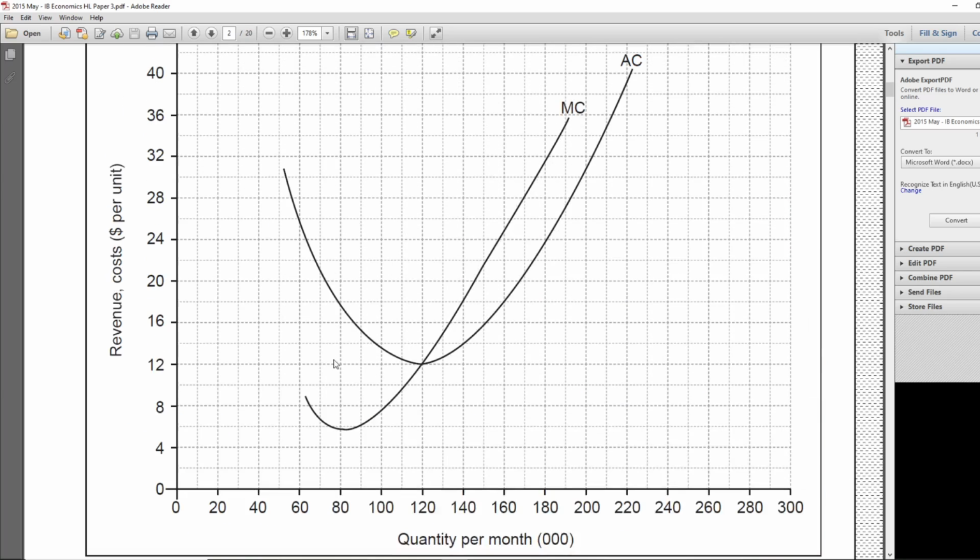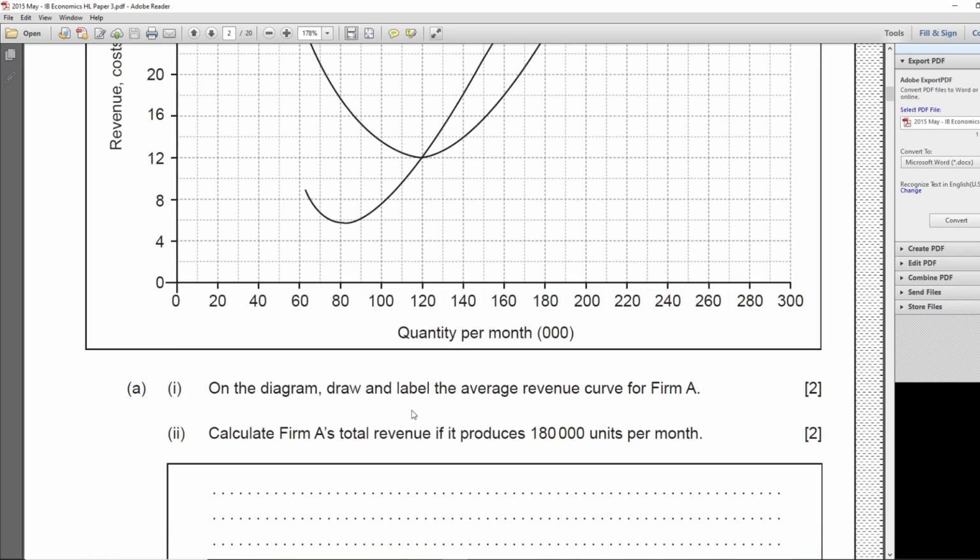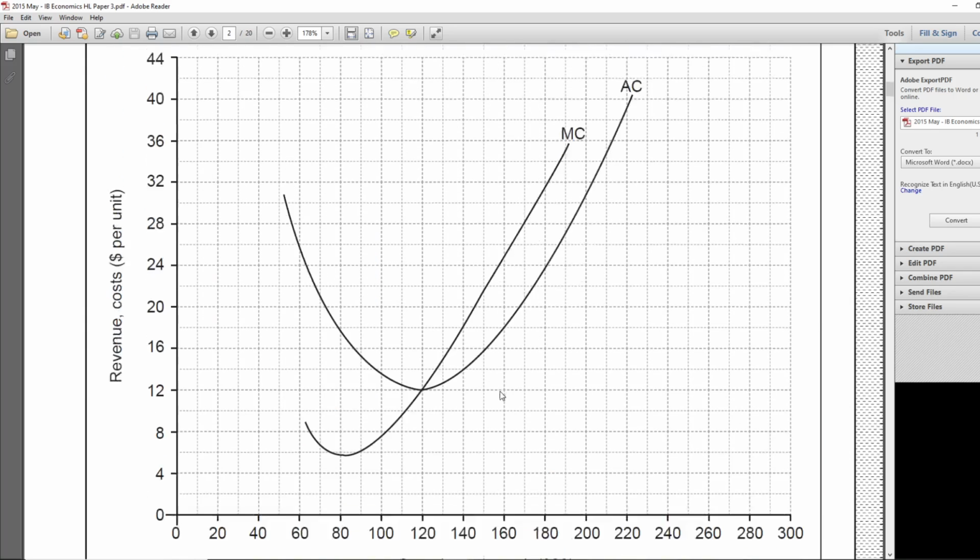I know you cannot really work on this paper, but imagine here is a horizontal line, and they are asking you to calculate the total revenue. As long as you are able to find the units being asked, here 180, you move up to where it hits average revenue.